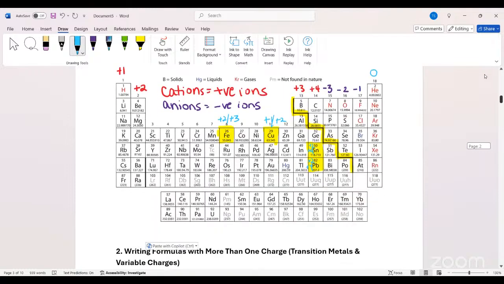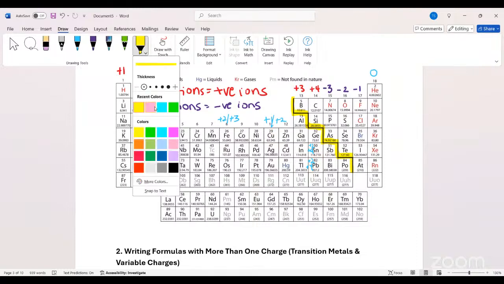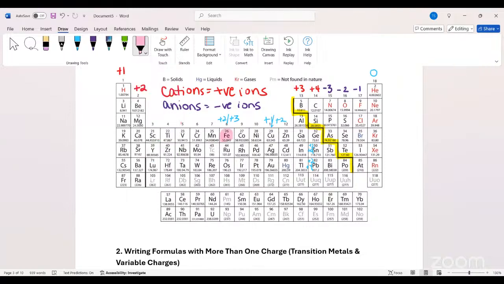Oh yeah, here it is, right here. So I'm gonna highlight them in a different color so you can see it. Okay, so right here, I'm gonna highlight it in pink, okay? Iron, copper, and these are just some of them. Some of these other ones have more than one charge, but I'm just dealing with the ones that are the most common for right now, okay?